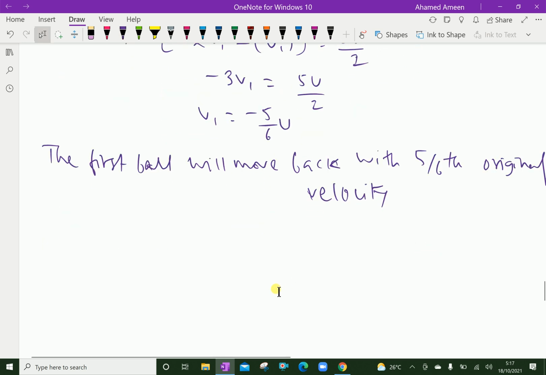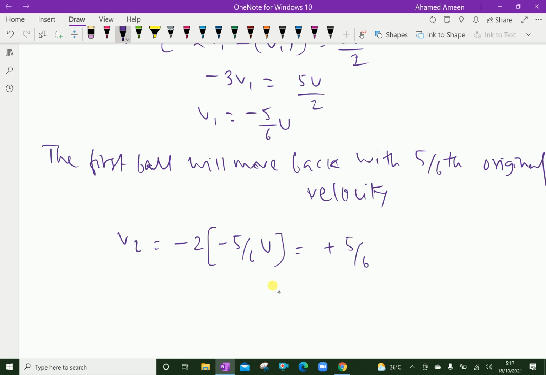Now further, v2 is minus 2 times v1, that is minus 2 into minus 5 over 6 into u, which equals plus 10 by 6 u, that is plus 5 over 6 into 2u. Here the plus sign indicates the direction of v2 is the same as that of v1.